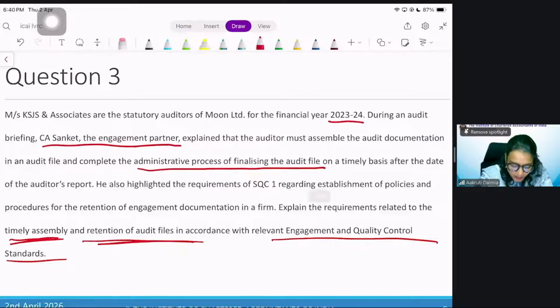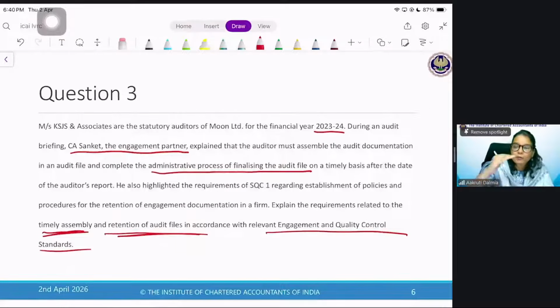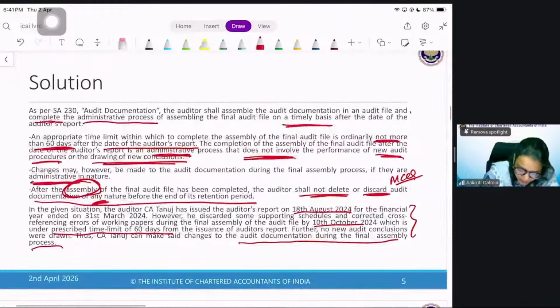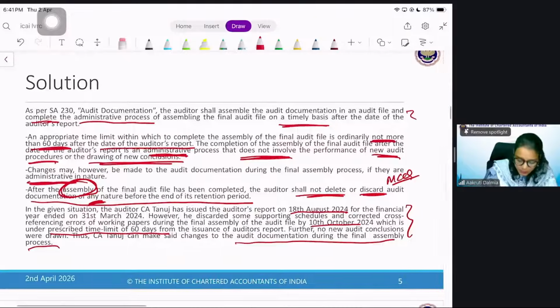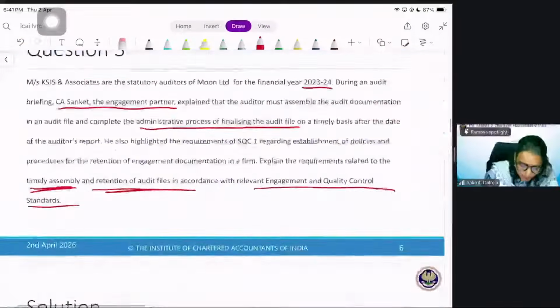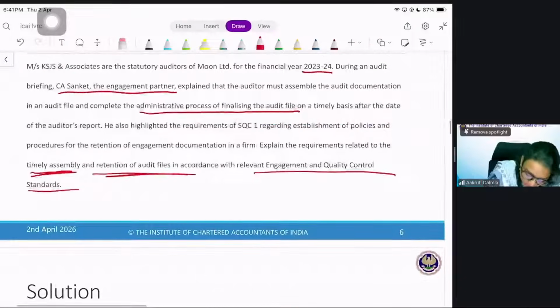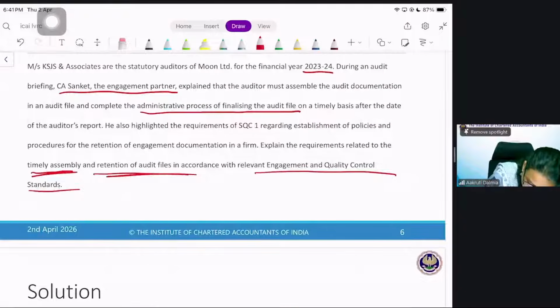Now, in this, we might have to write points. We cannot just write this point and this point; we have to explain it more. So how do we write this answer? If you see, what does it mention? Explain fully the requirements, all requirements related to assembly and retention.